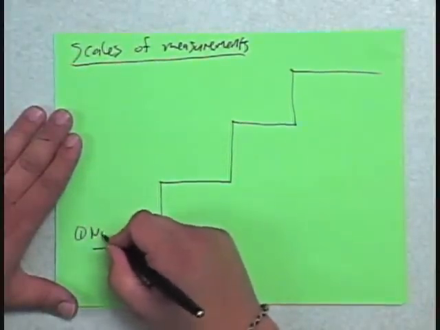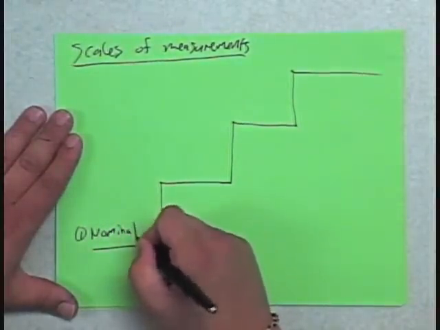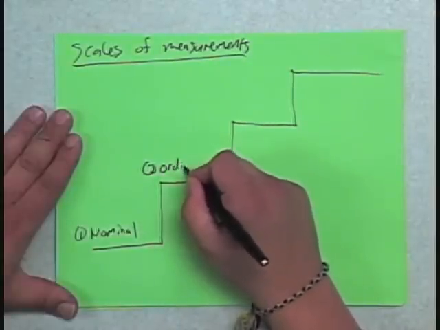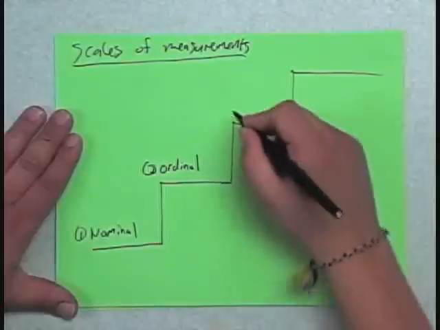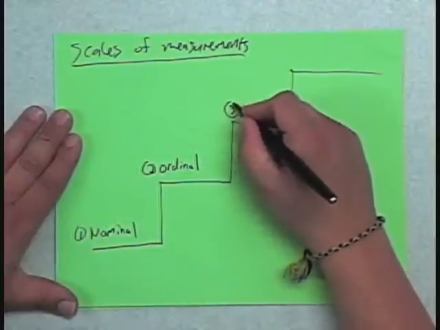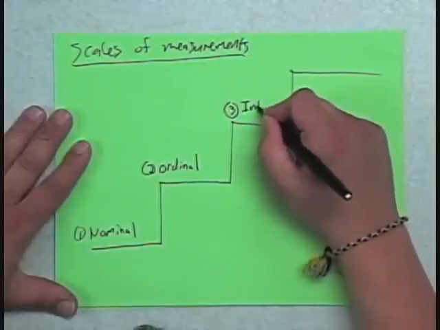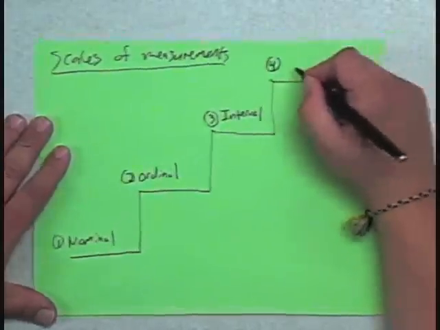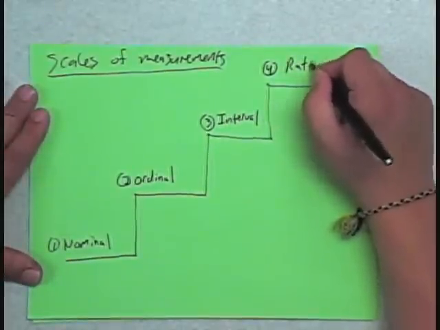The first one is nominal. The second one is ordinal. The third one is interval. And the fourth one is ratio.